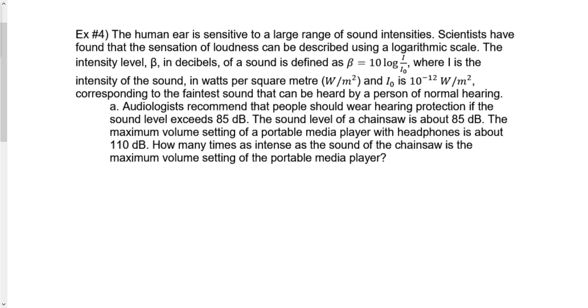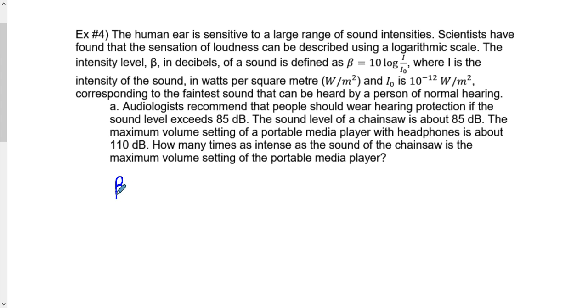So the human ear is sensitive to a very large range of sound. We're just talking about decibels, so we're not talking about pitch, but loudness. Obviously, some people can't hear very soft things because of inner ear damage. Overall, the intensity beta in decibels of the sound is defined by this equation.